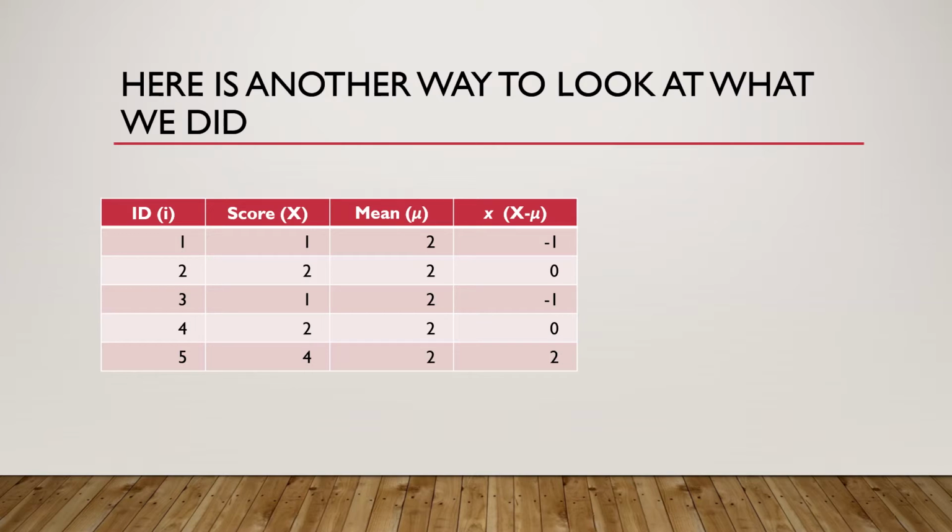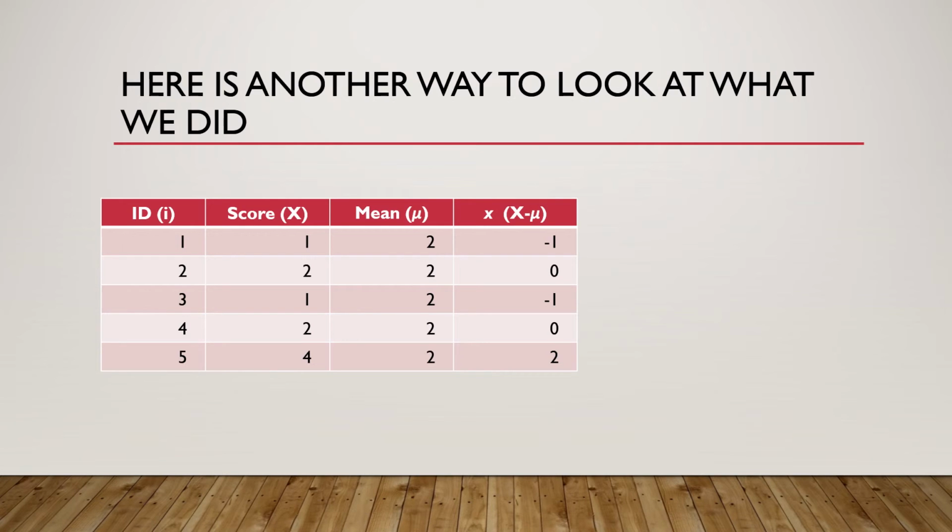Here is another way to look at what we did, by the way. On the left-hand side, I have an ID for each of the 5 participants who took the test, the test score that they originally obtained, the mean that we calculated of 2 for all the test scores, and then the recentered scores, or the scores that resulted from subtracting the mean from the obtained scores.